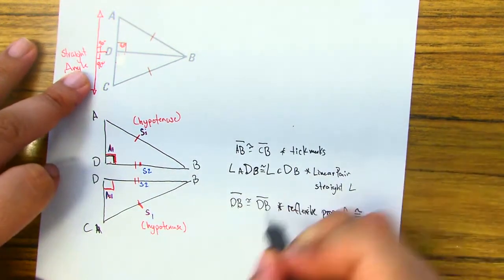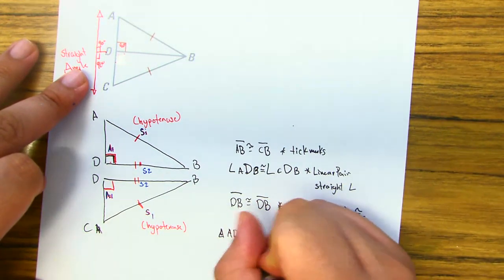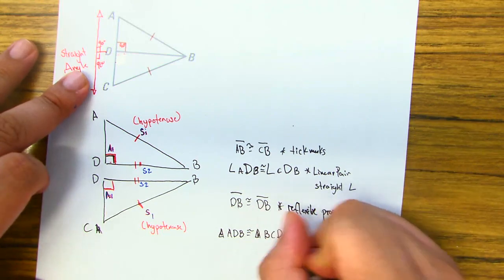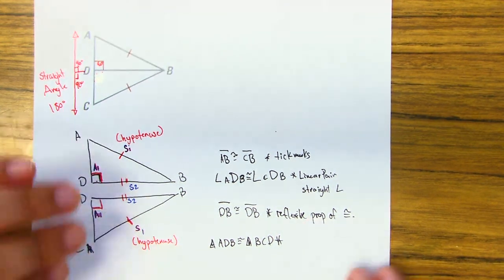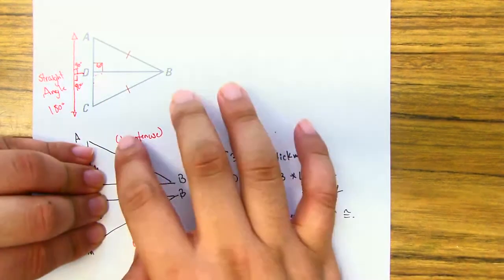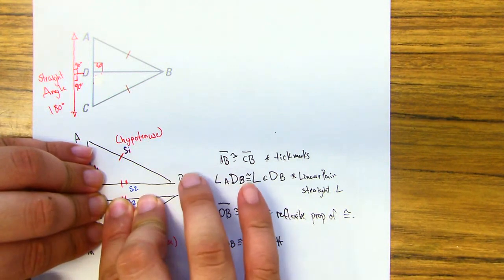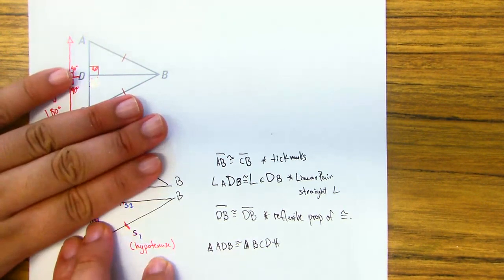So now with that information, how do I know that triangle ABD will be congruent to triangle CBD? Realize that it's not angle side angle and also not angle angle side. So is the answer hypotenuse leg congruent triangle theorem, or is it side angle side? Once again, you can automatically prove that it's not side angle side. The reason why is that when you look at the angle in between the two sides of triangle number one, angle D is supposed to be congruent to its other pair of angle D on triangle number two, right?